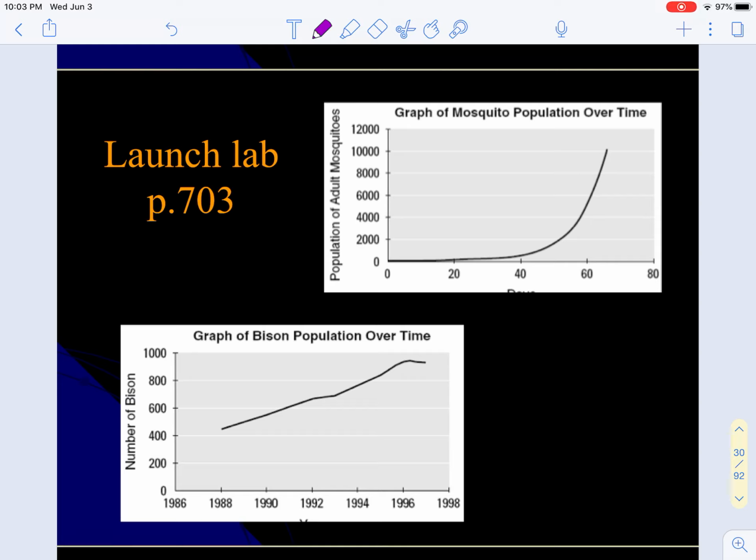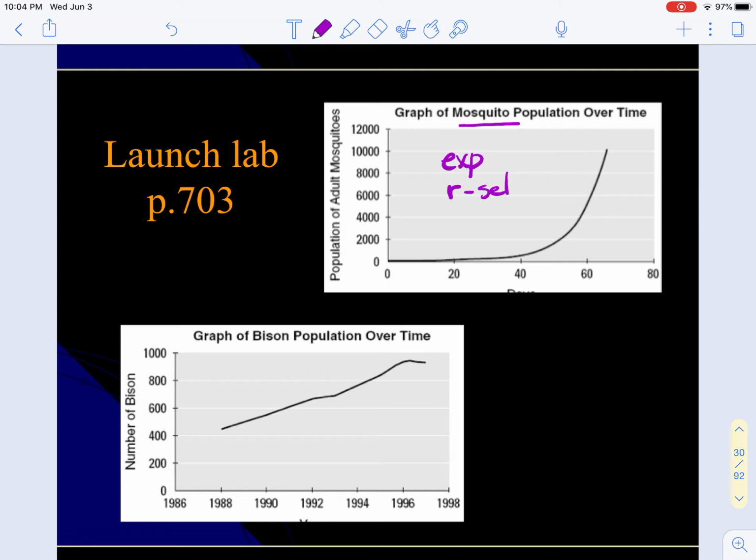Okay, this brings us back to the launch lab that I wanted to wait until we got to this point to address again, because you can think about the mosquito and the three things we learned about the graph of the mosquito going from, in the 60 days, which is a 2 month time, 0 to 10,000 mosquitoes.